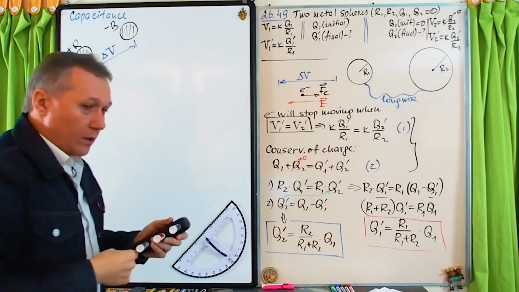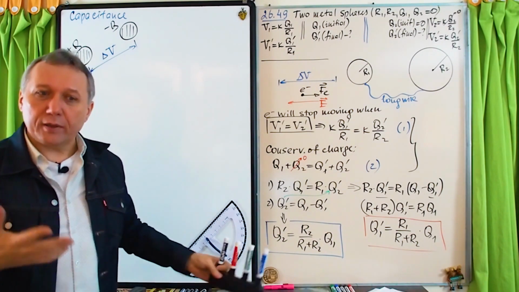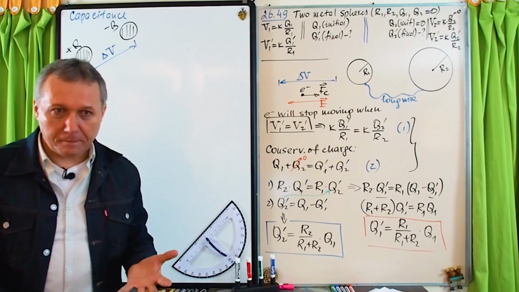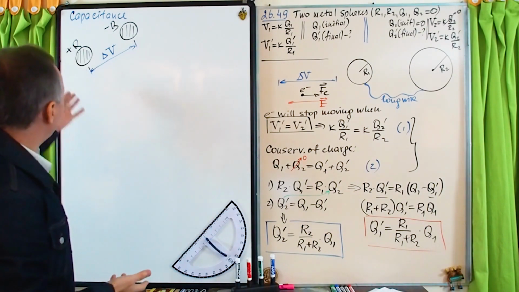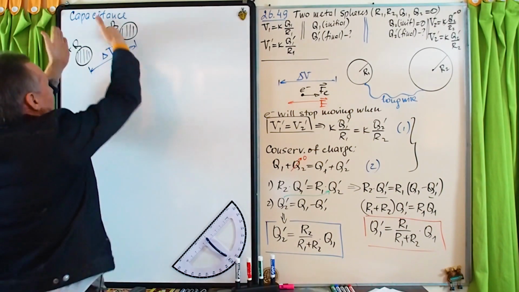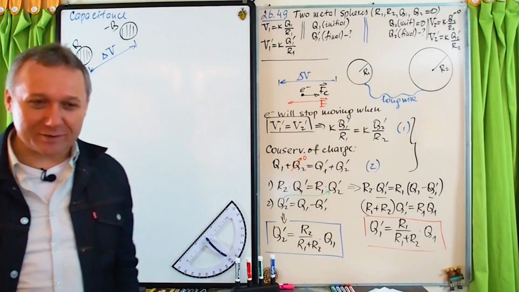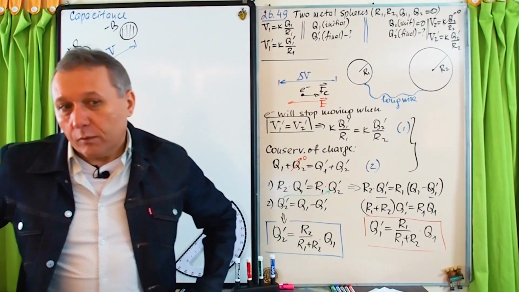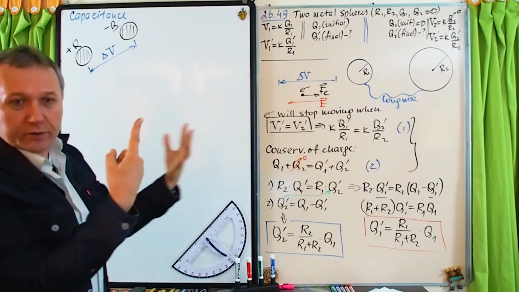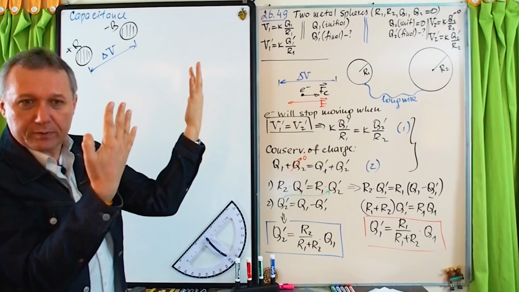Okay, and now let's start playing with these parameters, Q and delta V. I think it's more or less obvious. If you increase the amount of charge, increase this, decrease that, but increase in absolute value, what will the potential difference delta V be? It will go up as well. You increase charge, potential difference goes up as well.